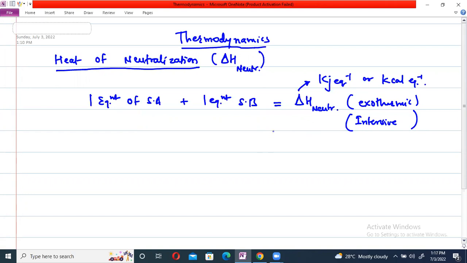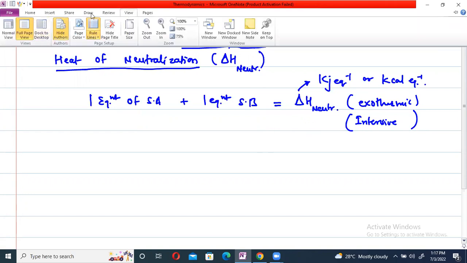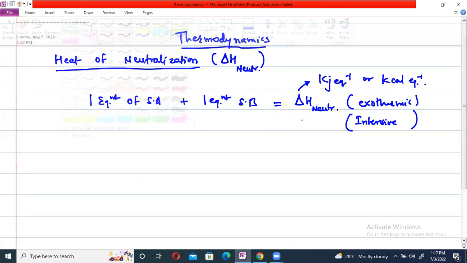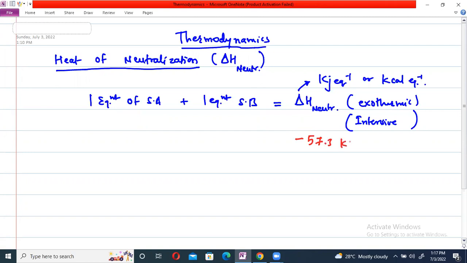For one equivalent of strong acid and one equivalent of strong base, the value becomes minus 57.3 kJ per mole or minus 13.7 kilocalorie per mole, right?